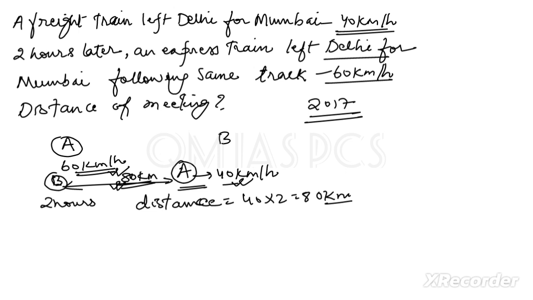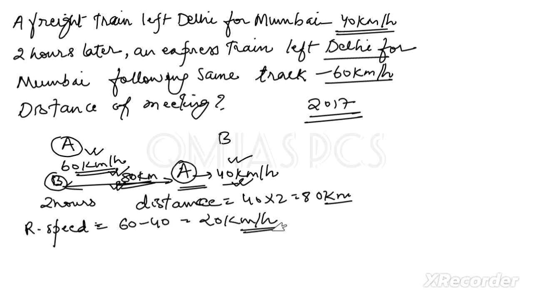Now, can we consider the relative speed? It will be easier for you. The speed of this one is 60 kilometer per hour, and this is 40 kilometer per hour. So relative speed is 60 minus 40, and that is 20 kilometer per hour. Now look at the situation.